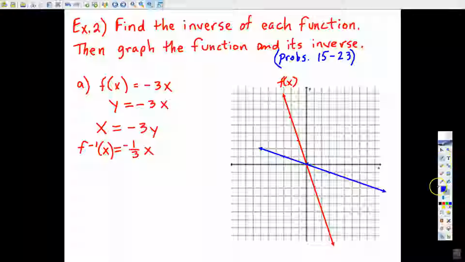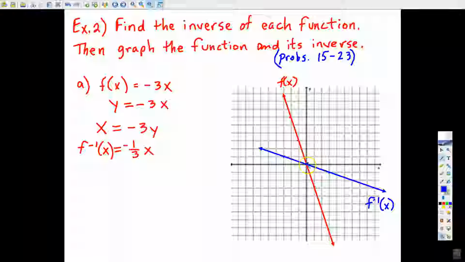And so the blue represents the graph of the inverse. But you wouldn't have been wrong, remember what we talked about in the very beginning of this lesson. If you know a point on the graph of the original function, let's just take, for example, (-1, 3) is on the red.